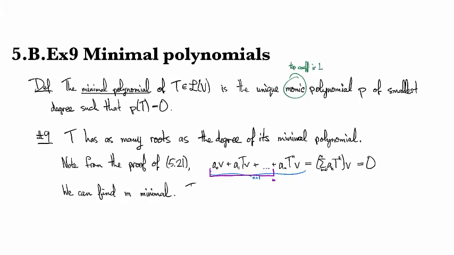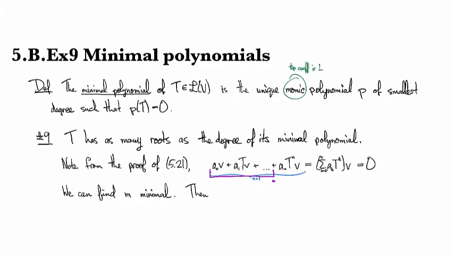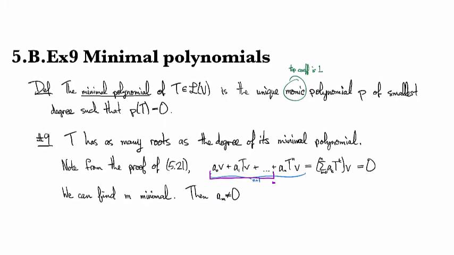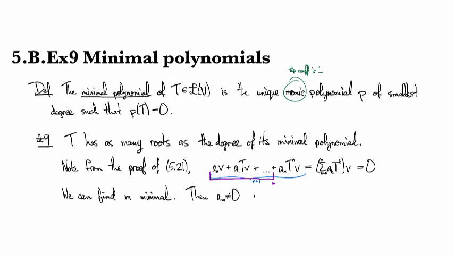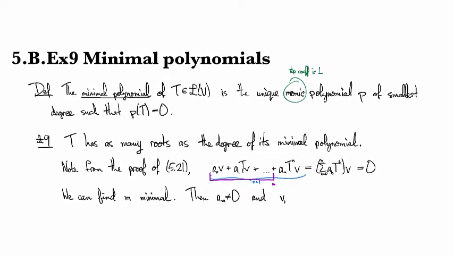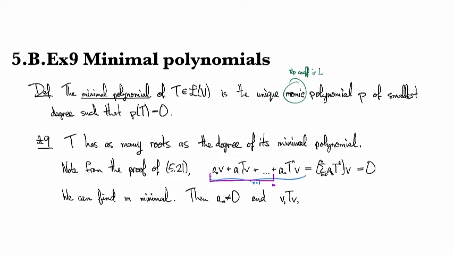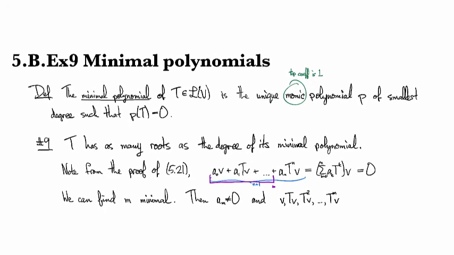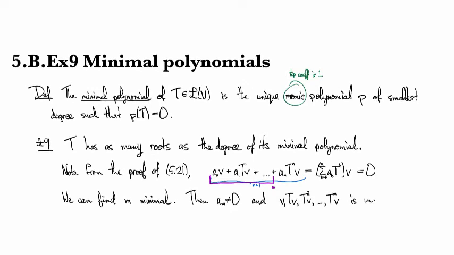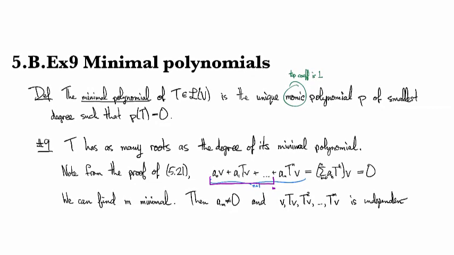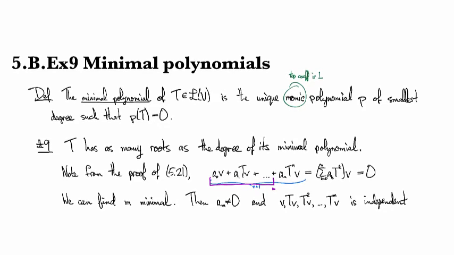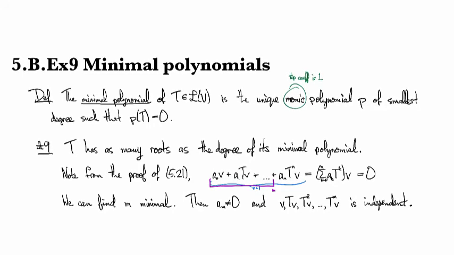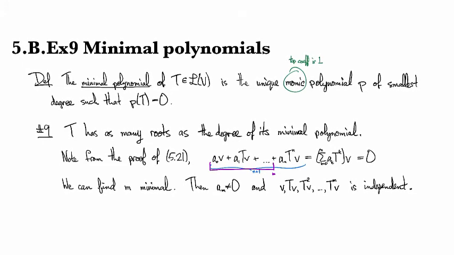Then we've got that am is going to be non-zero, and we've got v, Tv, T squared v, up to T^m v is independent. Okay, but if we added in one more, so T to the m plus 1 applied to v, then it would become dependent. Okay, that's the minimality of m.